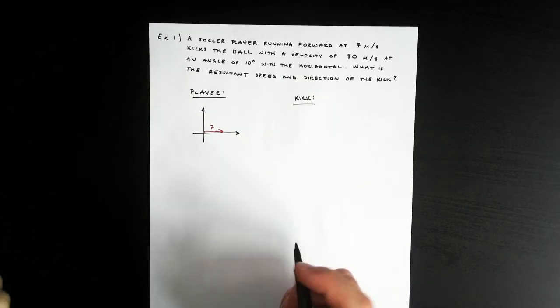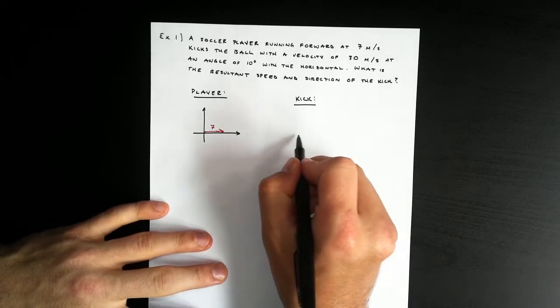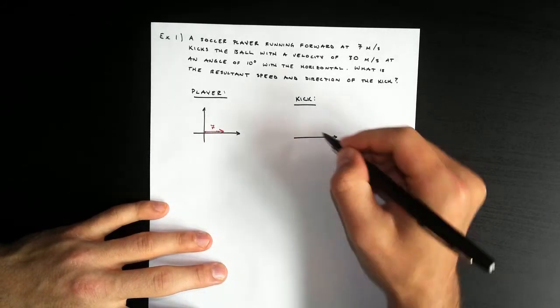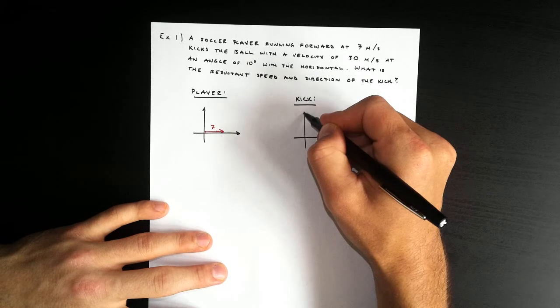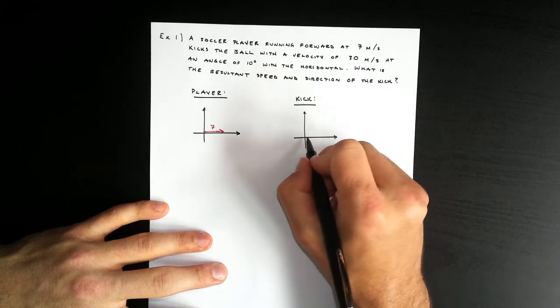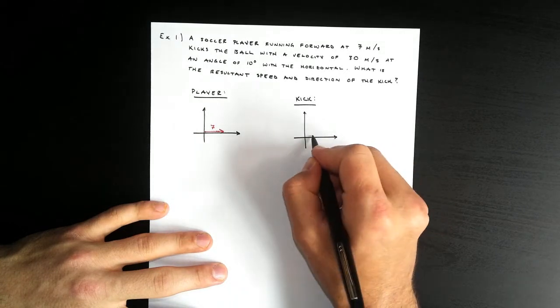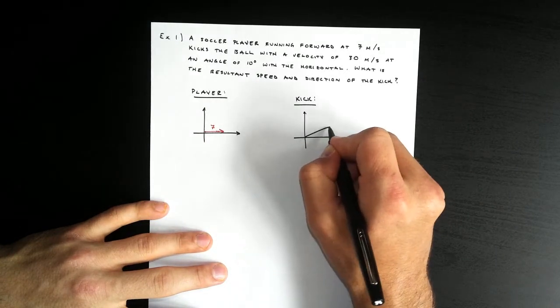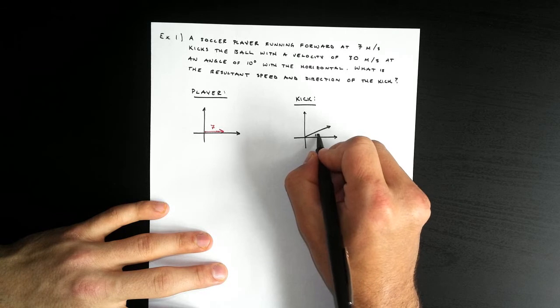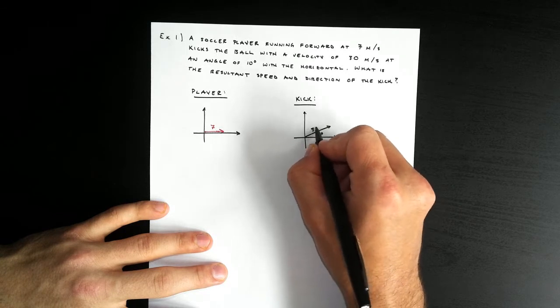So that's how long it is. And the kick, so an angle of 10 degrees with the horizontal, so it's just a little angle, and then this has a magnitude of 30 meters per second.